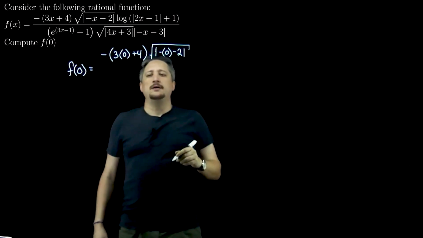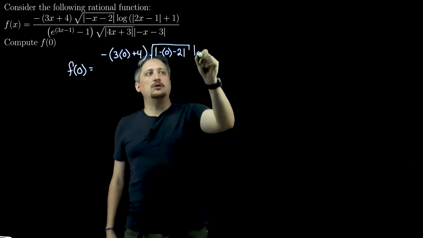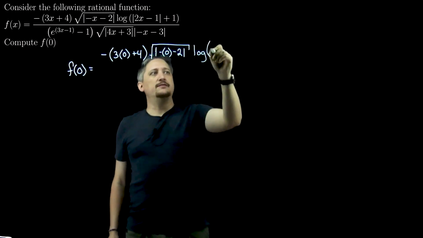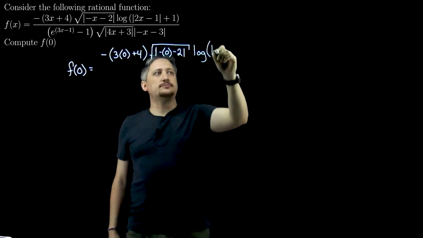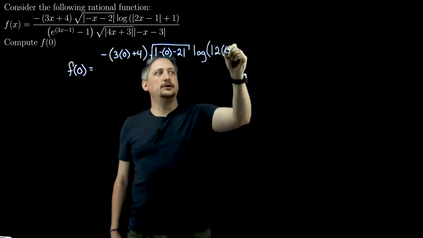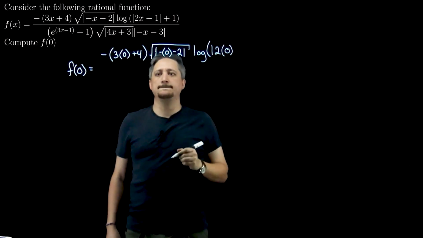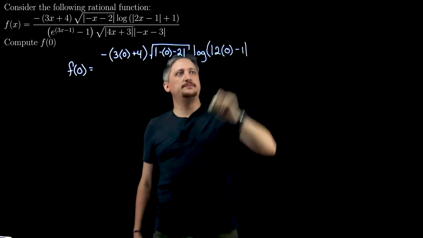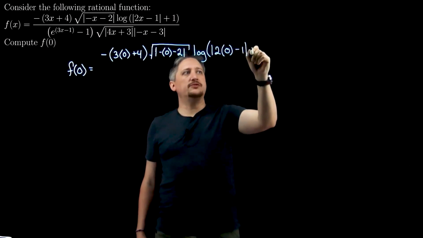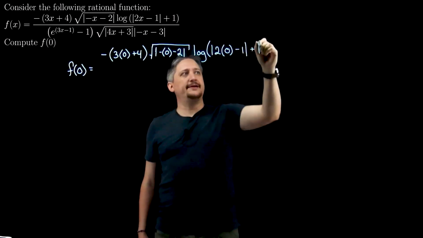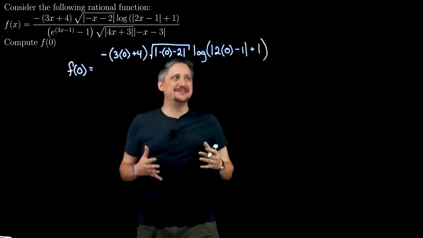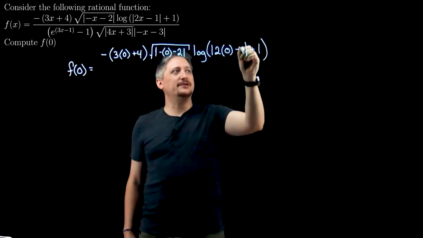Next up, we have log of, and then absolute value, 2 times 0 minus 1, that closes our absolute value, plus 1, and that closes parentheses. So just go through it one piece at a time, slowly but surely.